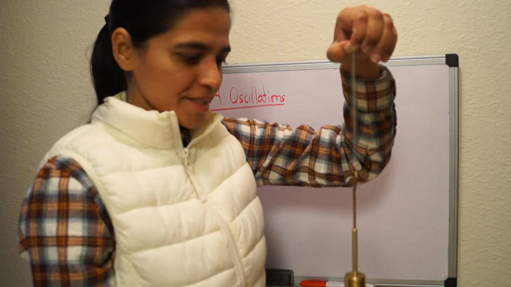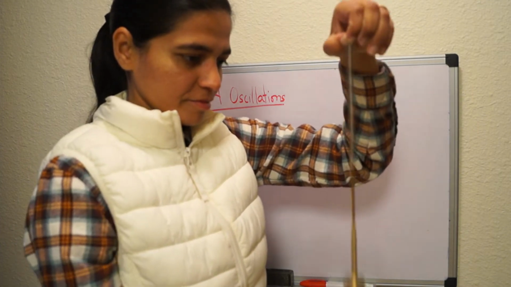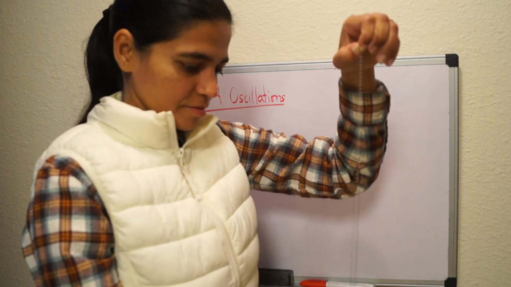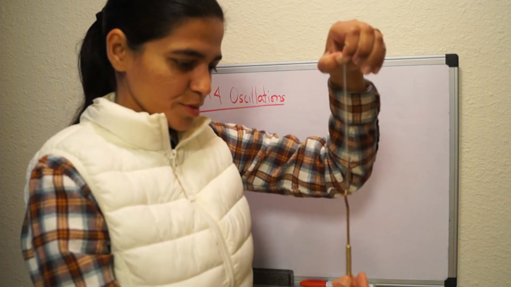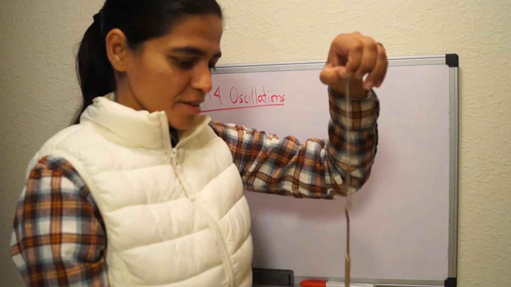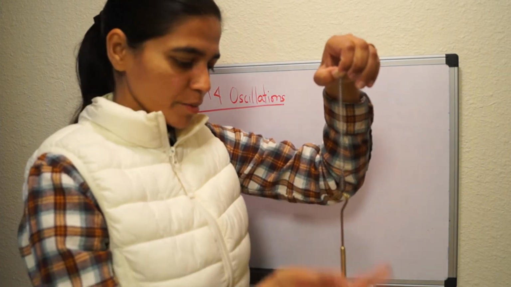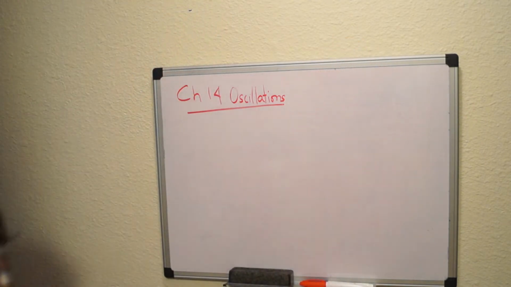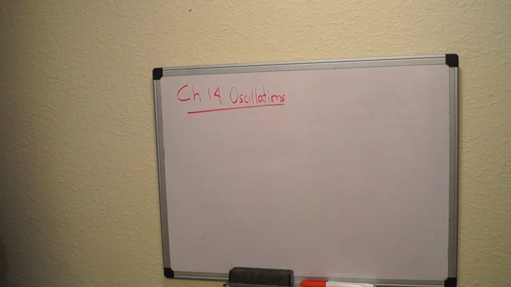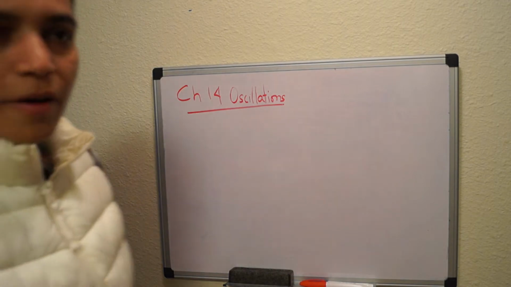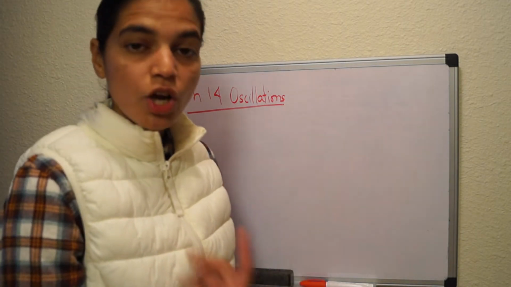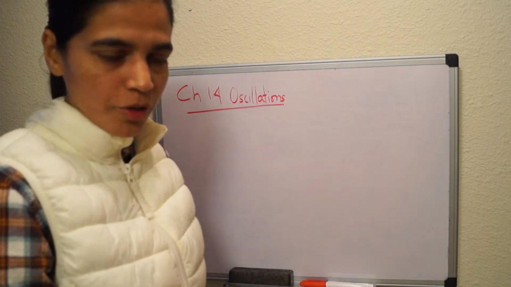Oh, look at this. Further down. So it's going down, coming up, going down, coming up. This kind of repetitive motion is called oscillatory motion, okay?